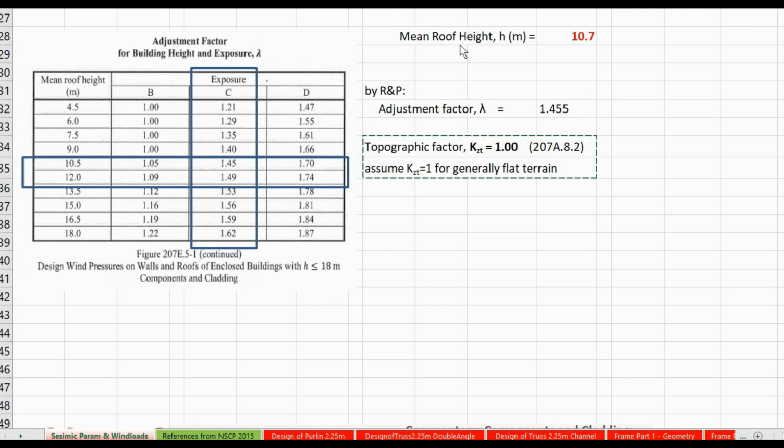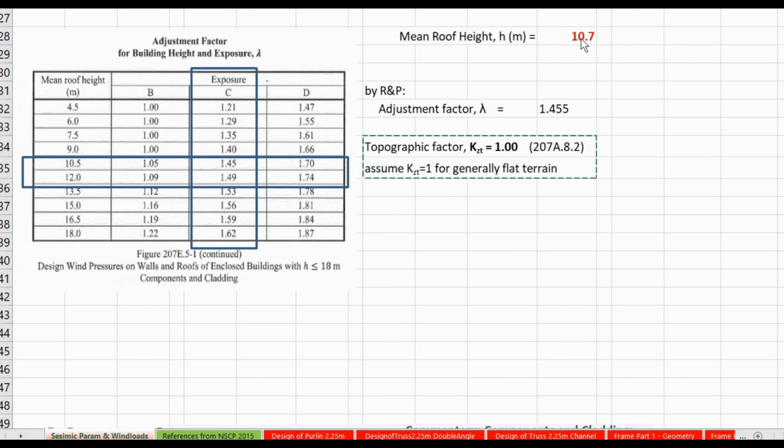And then, our mean roof height H is 10.7. Mean roof height means the distance from the middle of the truss height down to the ground. So you'll notice that this is marked red, meaning input po yan.